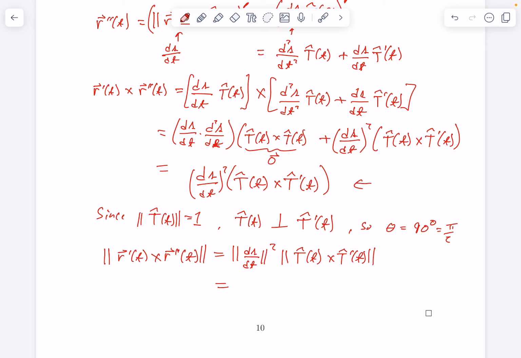This is not actually appropriate to do the magnitude, because this is not a vector.